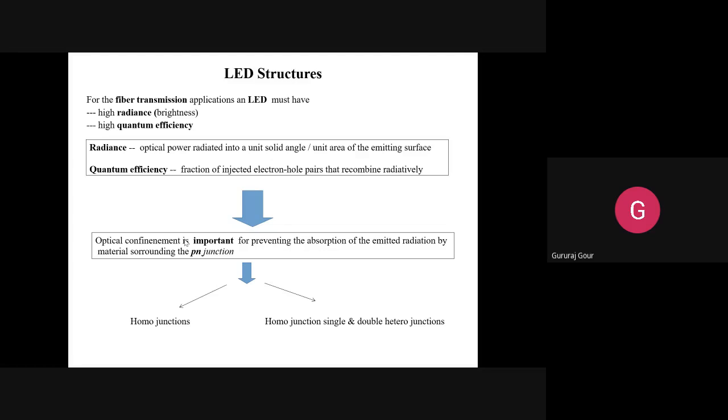That is known as optical confinement. Try to understand here, optical confinement is different from carrier confinement. It is important for preventing the absorption of the emitted light by the material surrounding the junction. Accordingly, how optical confinement happens is going to decide the quantum efficiency.